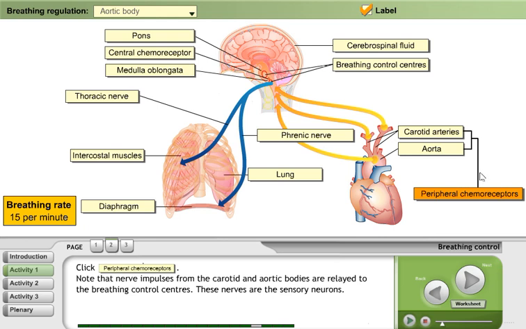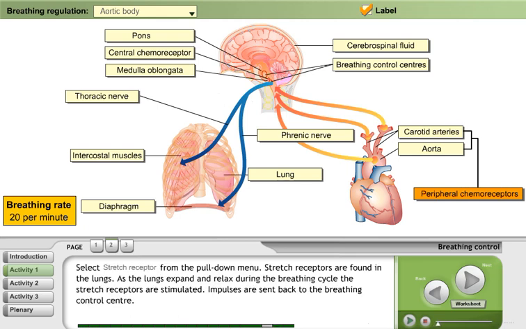Click Peripheral chemoreceptors. Note that nerve impulses from the carotid and aortic bodies are relayed to the breathing control centers. These nerves are the sensory neurons. Select Stretch Receptor from the pull-down menu.